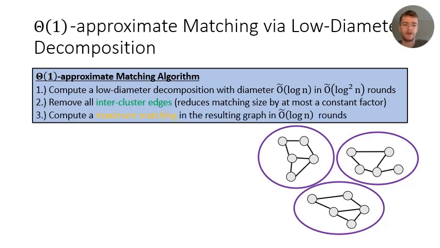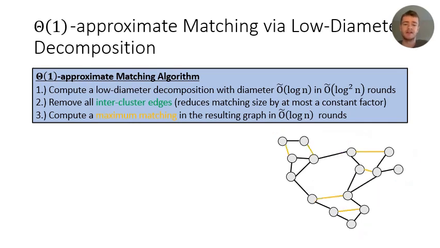Third, we now compute a maximum matching in the resulting graph in log n rounds. The reason we can do it is because each connected component has a diameter of roughly log n. And then the resulting matching is a constant approximate matching in the original graph. Okay, so this concludes the approximate matching by low diameter decomposition.